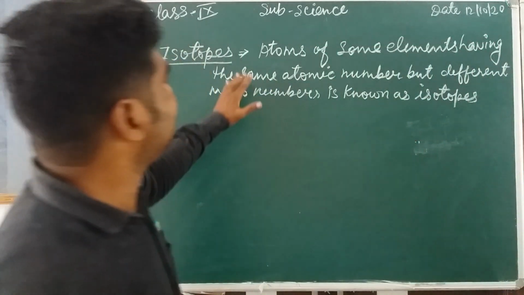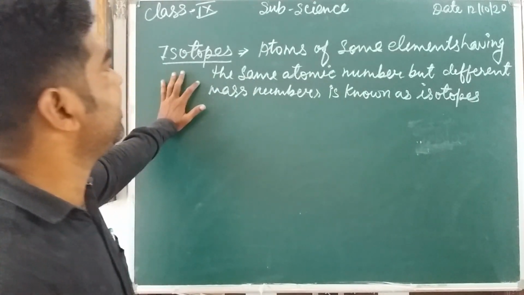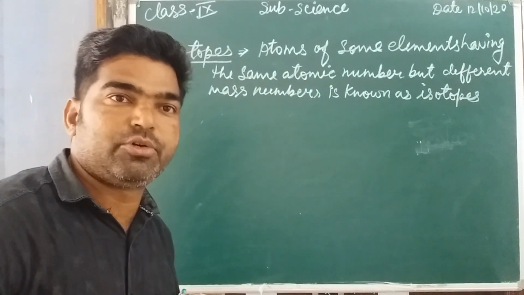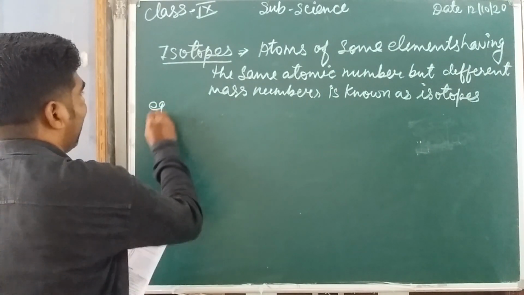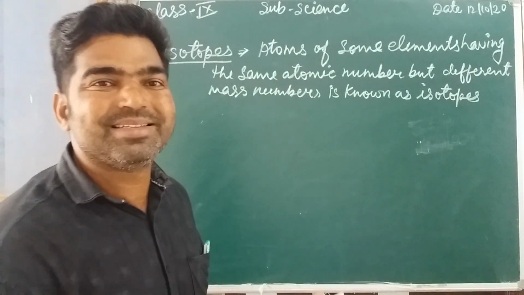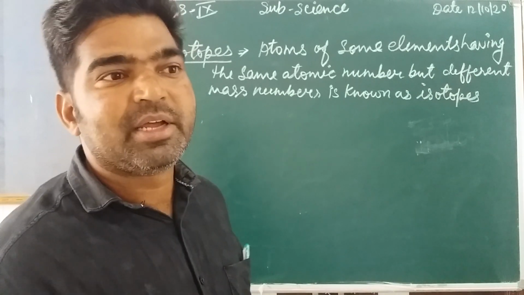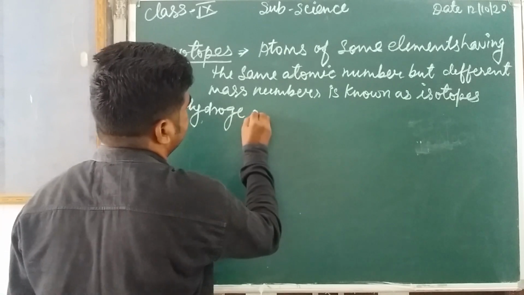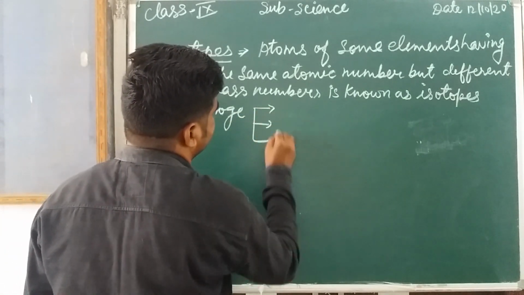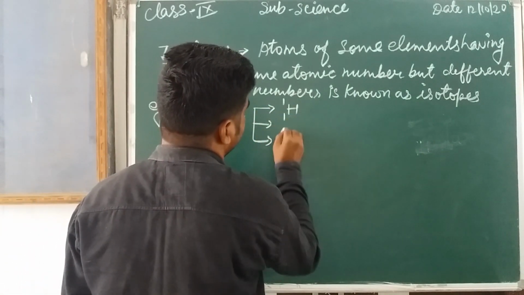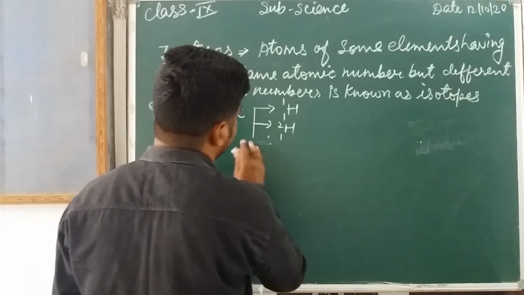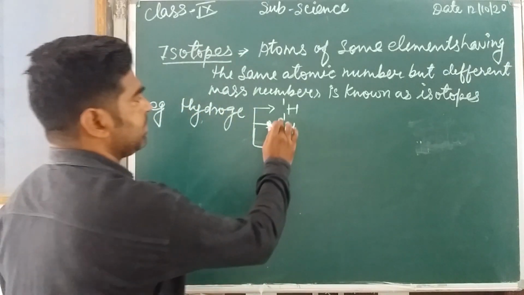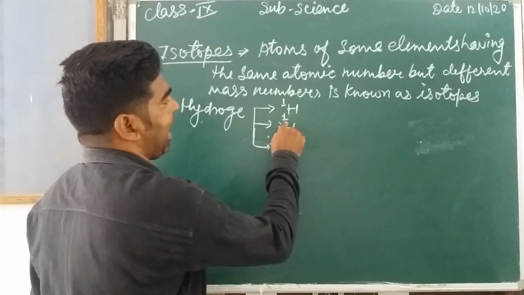So once again, atoms of the same element having the same atomic number but a different mass number are known as isotopes. For example, hydrogen has three isotopes: H-1, H-2, and the third one is H-3.